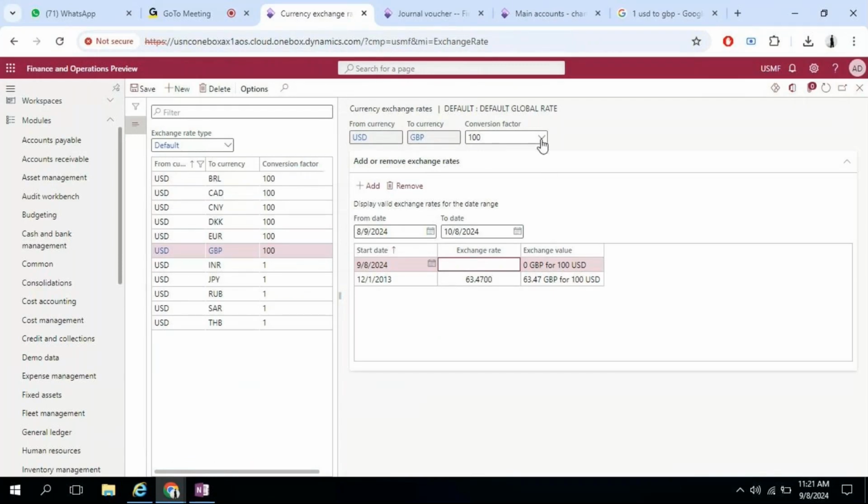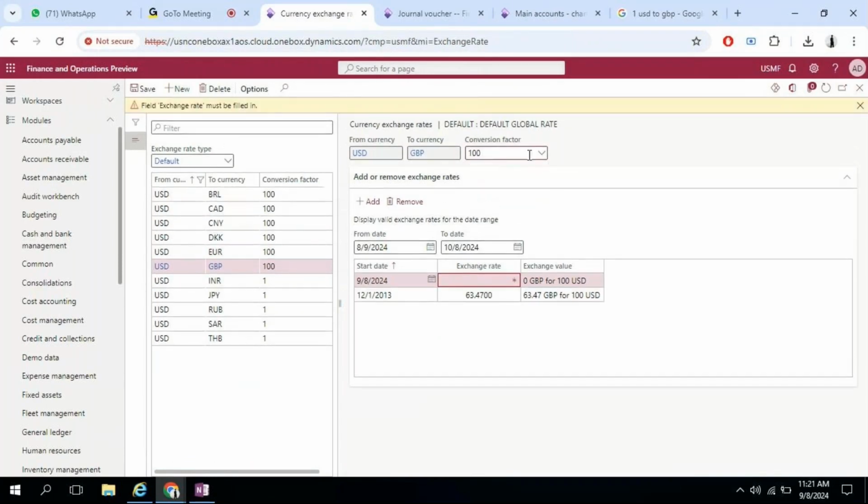the currency conversion factor. I will type it as 1, add, give it today's date, 0.76, and INR as of today is 83.99.